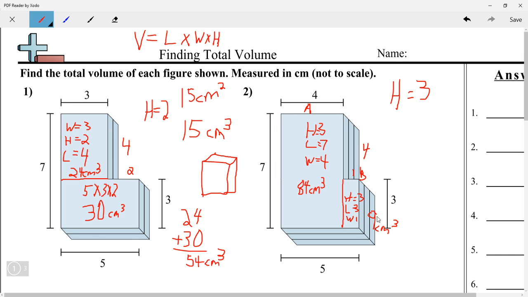And then we're just adding these up again, which once again, 84 plus 9 equals 93 centimeters cubed. So that is how you find the volume of a rectangle, or a rectangular prism.